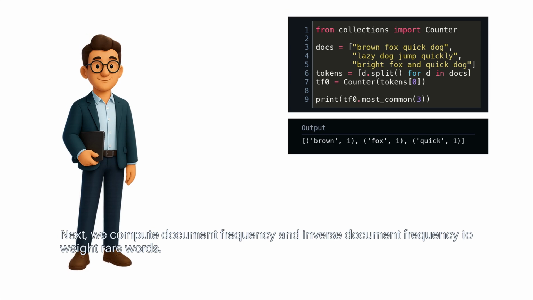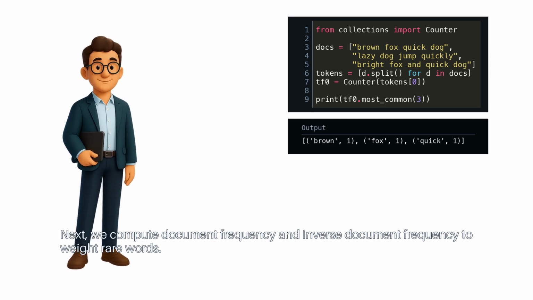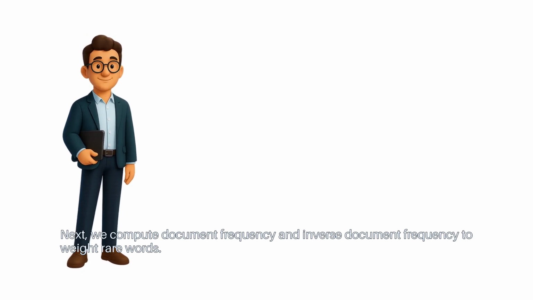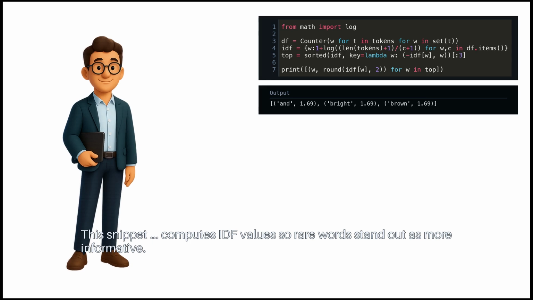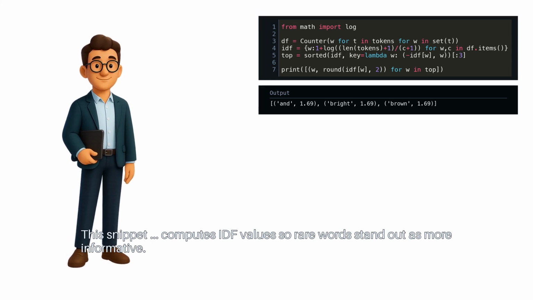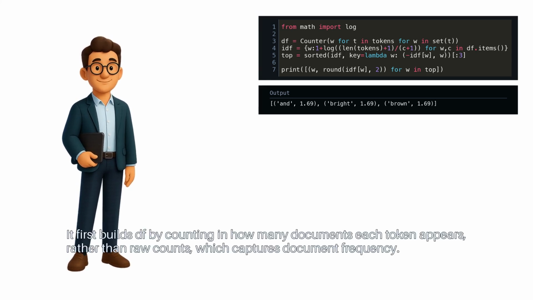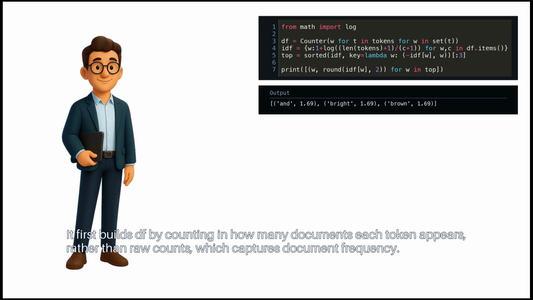Next, we compute document frequency and inverse document frequency to weight rare words. This snippet computes IDF values so rare words stand out as more informative. It first builds DF by counting in how many documents each token appears, rather than raw counts, which captures document frequency.